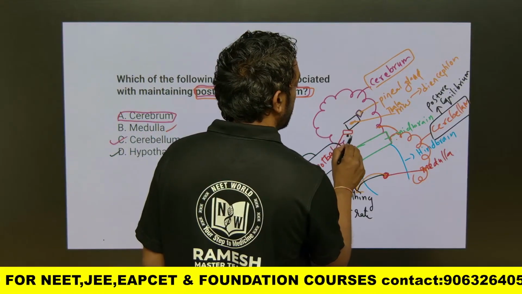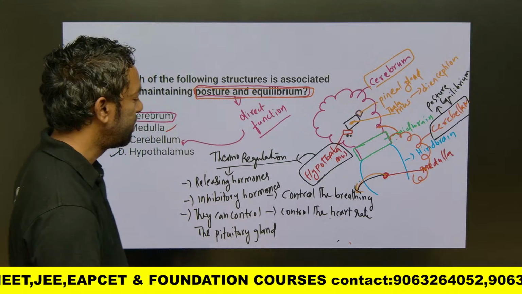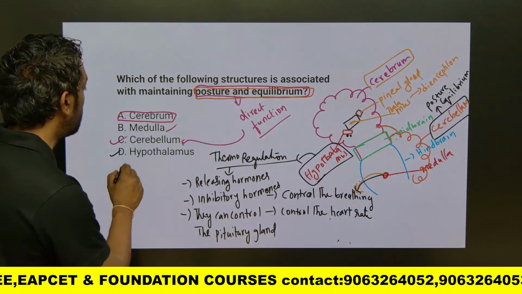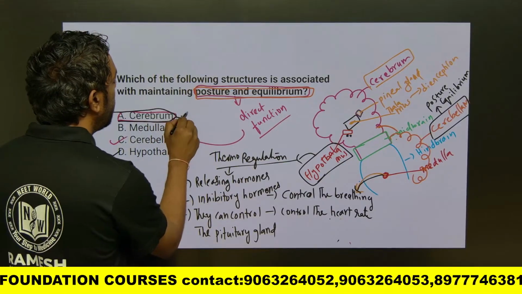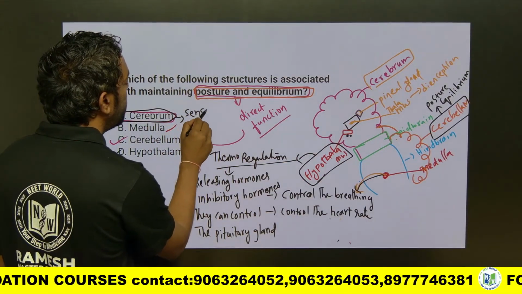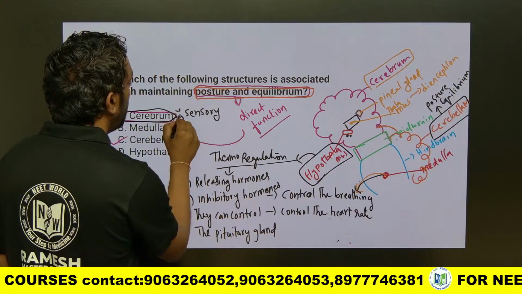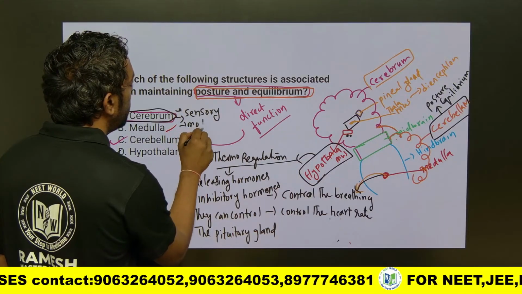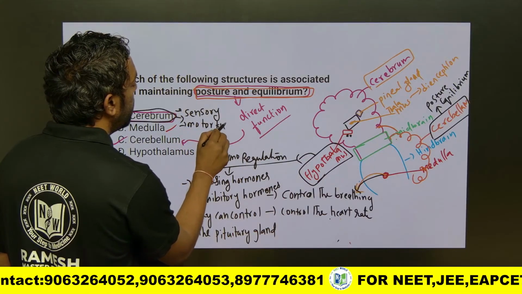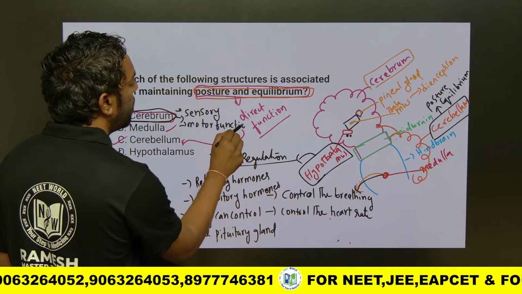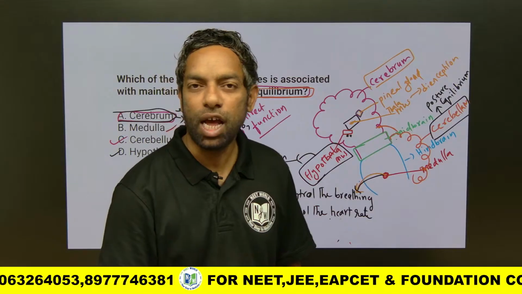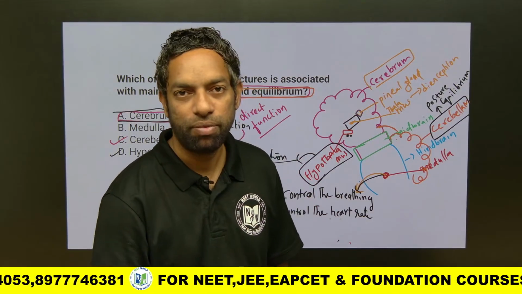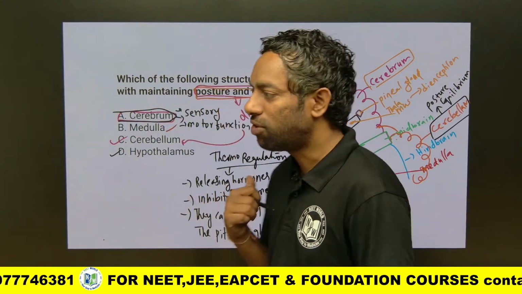Pituitary gland is located below the hypothalamus. Cerebrum has many functions, like sensory functions and motor functions. Hearing, vision, caring, emotion, intelligence, everything comes under cerebrum. I hope you guys are clear about this.